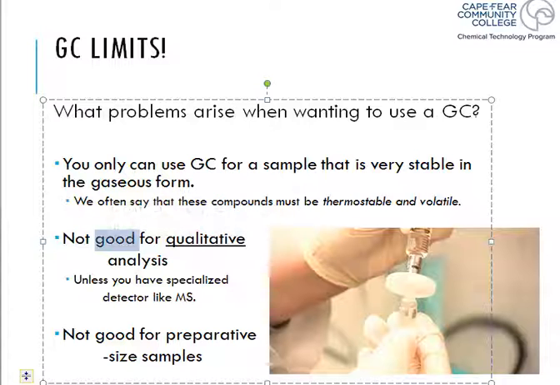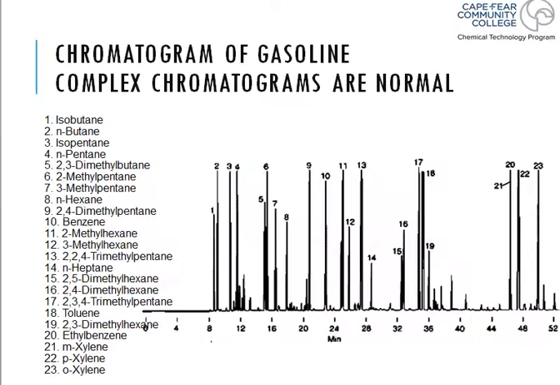Second, it's not really good for qualitative analysis. Qualitative means just identification purposes. And the reason I say this is because numbers are great, and we do a lot with the numbers. That's quantitative analysis. But if I don't have a standard or something to compare my sample to, then when I go back to these peaks in a gasoline sample, I will have no clue what these peaks are supposed to represent.